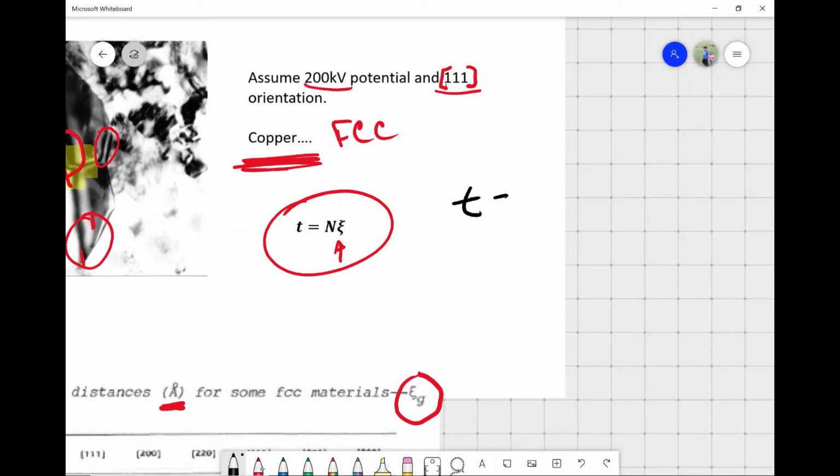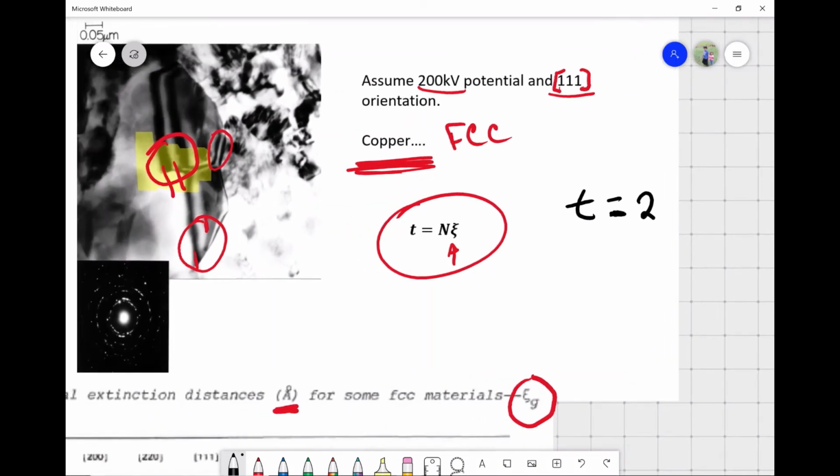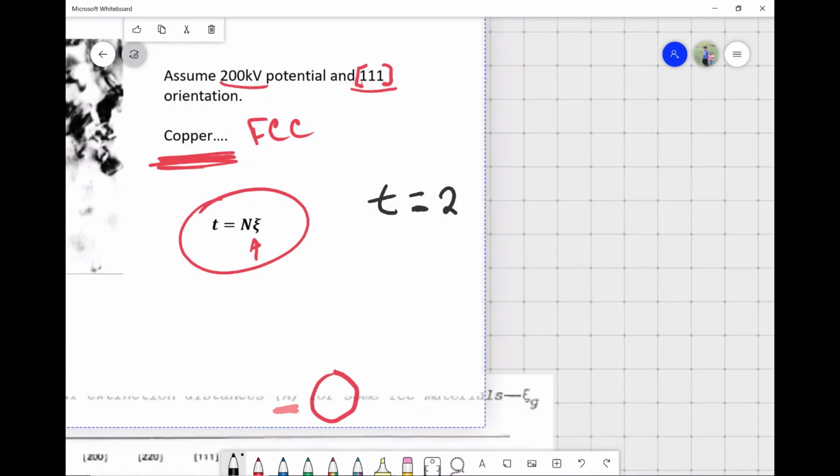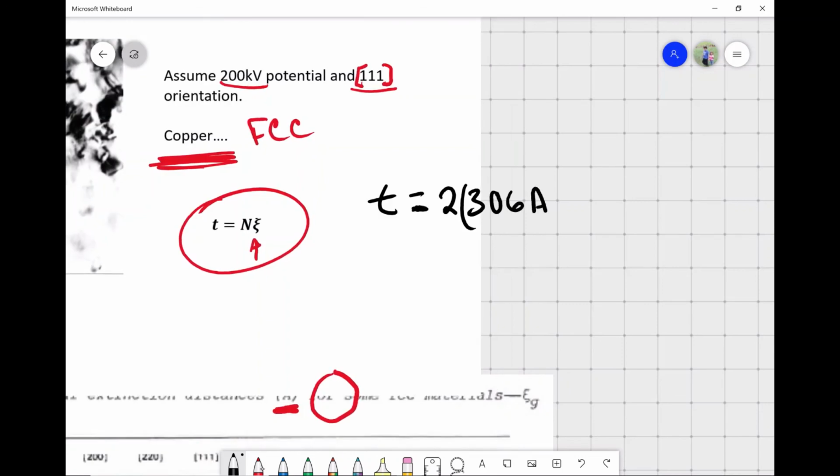So T equals N, which is 2, we counted 2 fringes over here, times 306 angstroms. And T equals 612 angstroms. Very thin specimen.